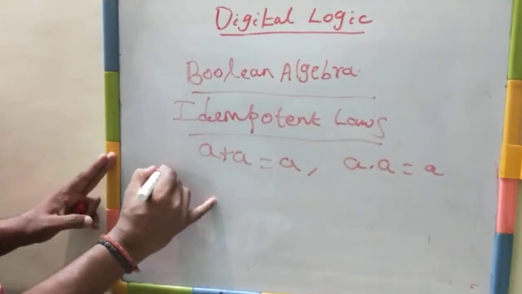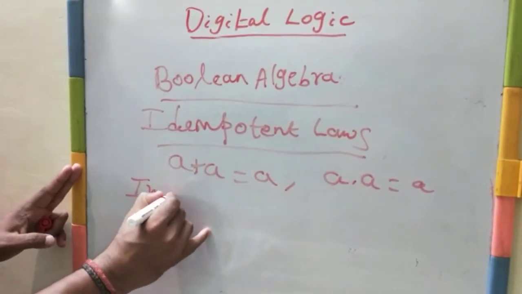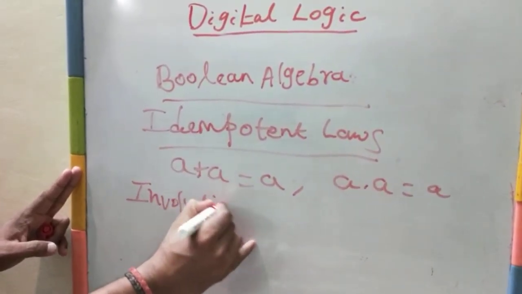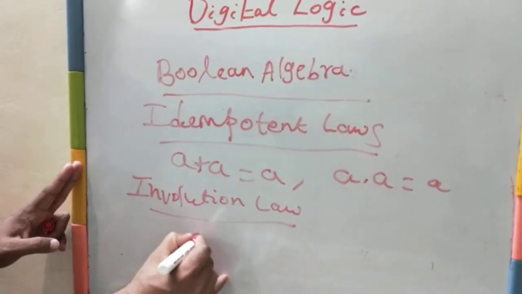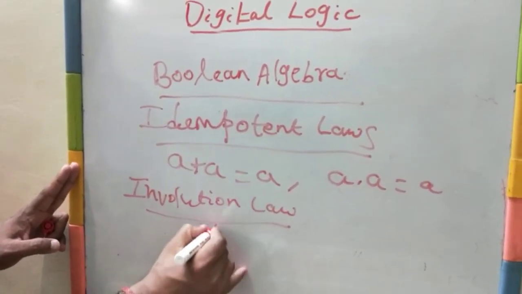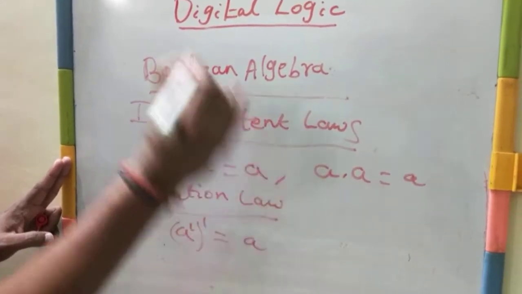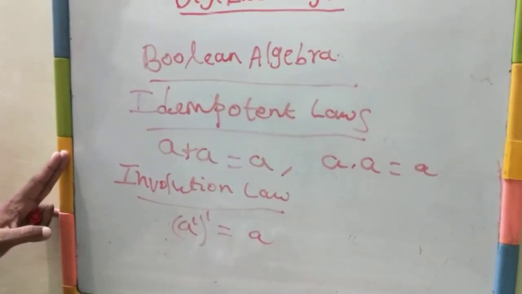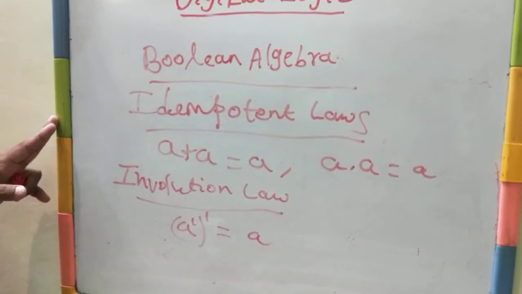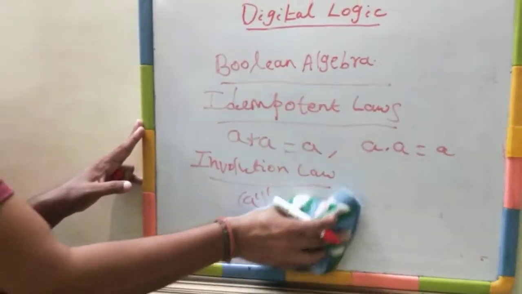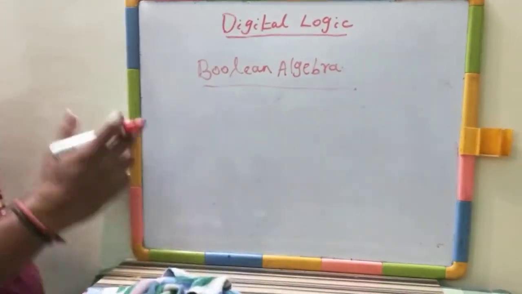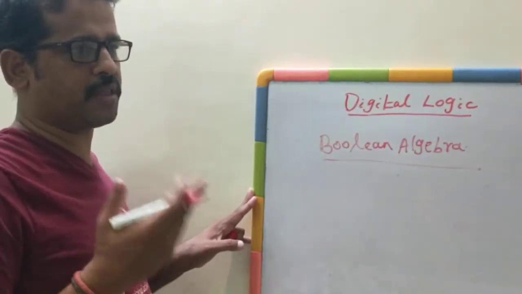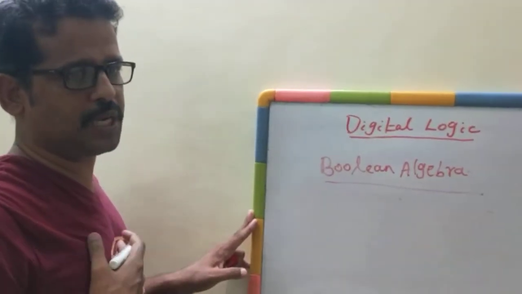And then the involution law: the complement of the complement of A is equal to A, right? We'll see the other laws also. So we need to remember all these Boolean theorems so that while simplifying the Boolean expression, it would be easy to understand.